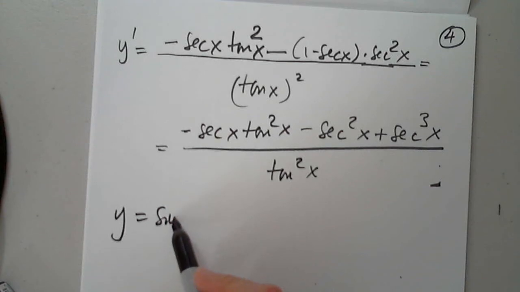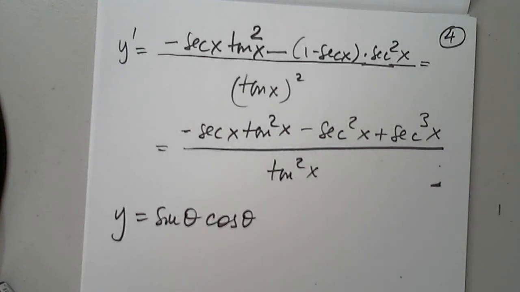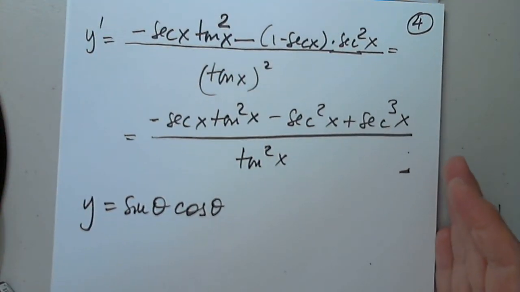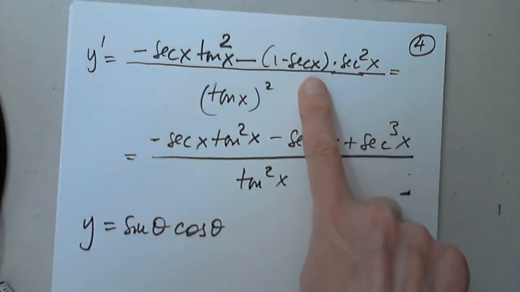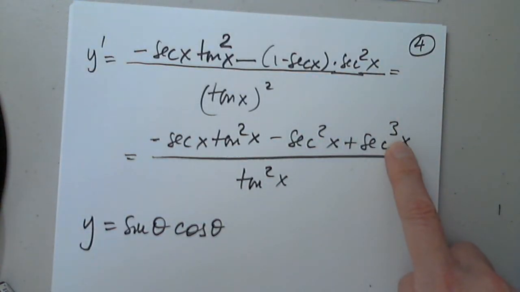y equals sine theta cosine theta. Let's stop if you have any questions. Anyone, any questions? So when you multiply secants of x, it basically follows the same thing as if you're multiplying exponents. Yes, because I copy the base and I add the exponents.